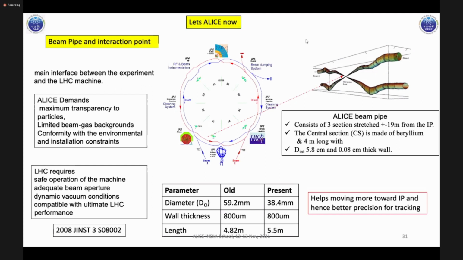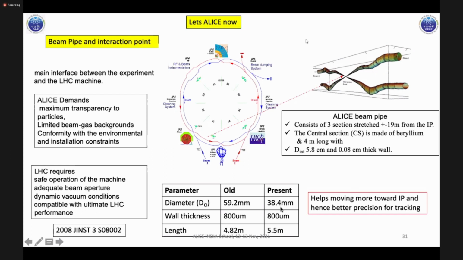If you look at the ALICE beam pipe, it has three sections: the central section and two sections at the two sides. The central section is made of beryllium. This is a very low density material. It reduces beam and matter interaction, and you also need a very narrow beam pipe here.